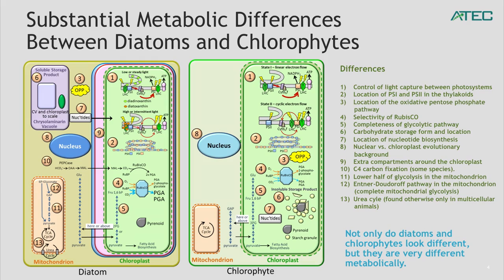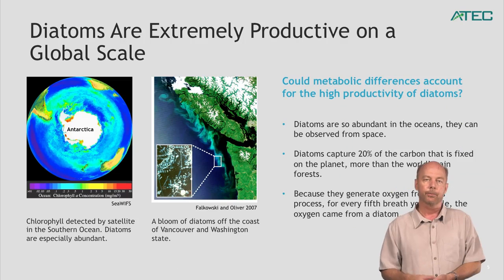The way that they process carbon in the cell, the location in the cell where they make nucleotides and other biochemicals is different. Bottom line is not only do they have different appearances, but they're very, very different metabolically. And we think this might have something to do with the differences in productivity in different classes of algae. So diatoms are extremely productive on a global scale, and one of the questions we can ask is, could these metabolic differences account for their high productivity?